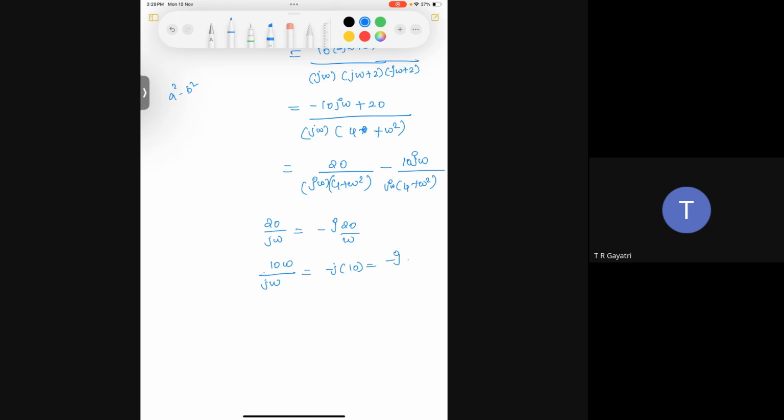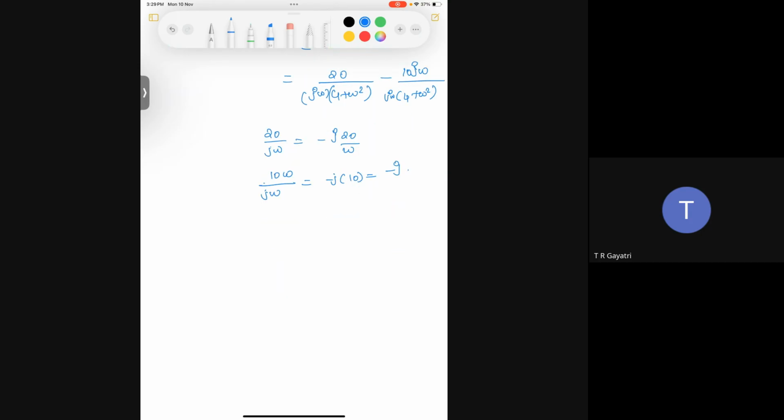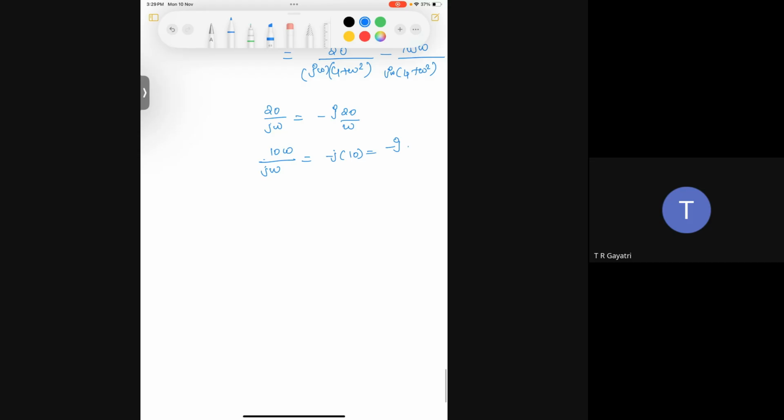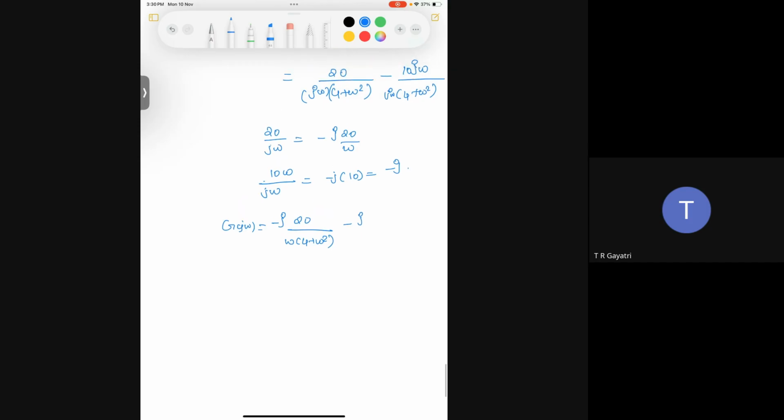So combined we get g of j omega equal to minus j 20 by omega into 4 plus omega square, minus j 10 by 4 plus omega square.